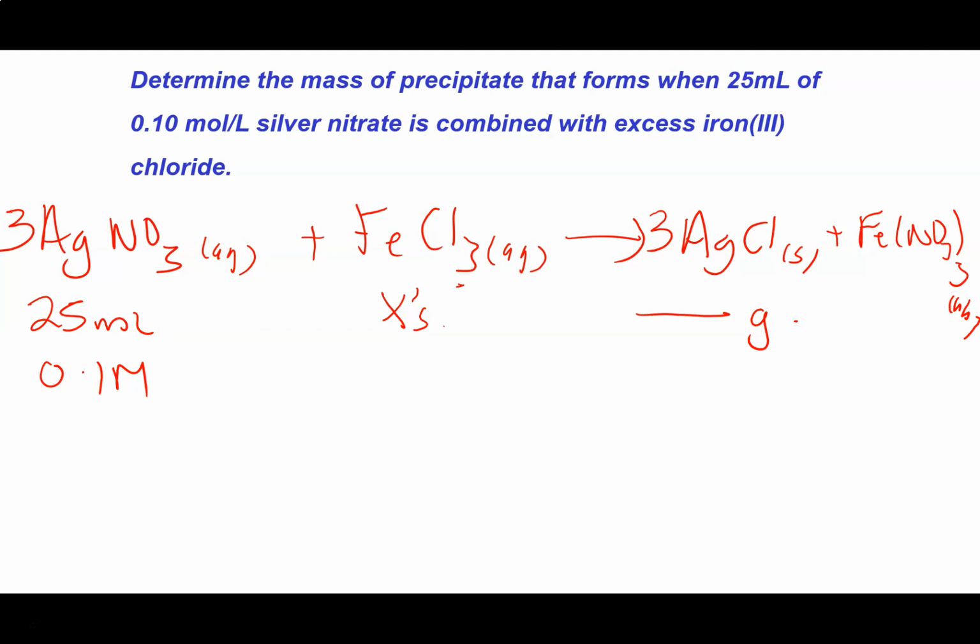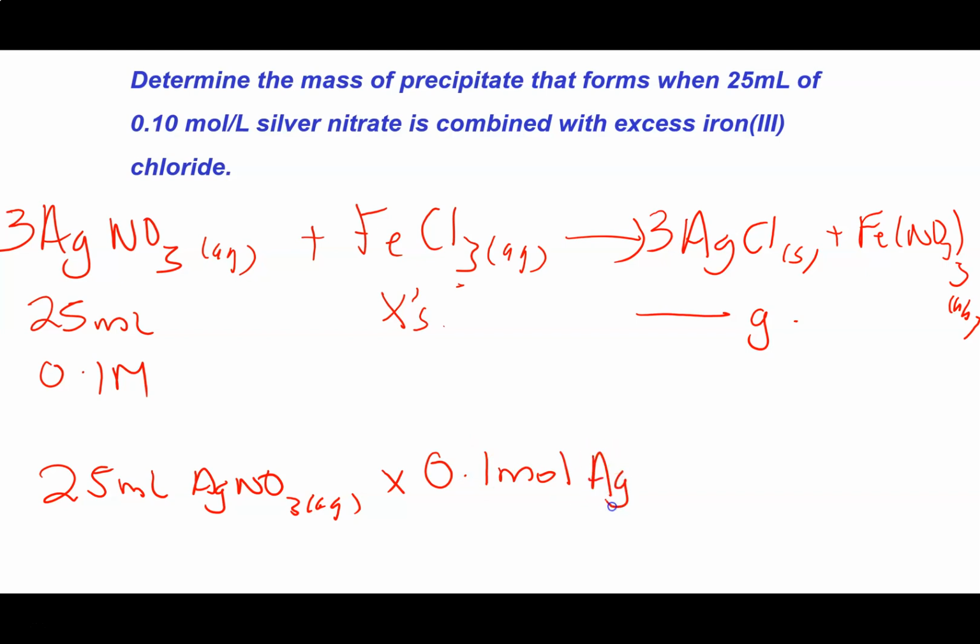So a couple of things I'm going to need here: I need to recognize that I've got 25 mL of silver nitrate, aq, and I get 0.1 mole of silver nitrate, the substance, for every 1 liter.